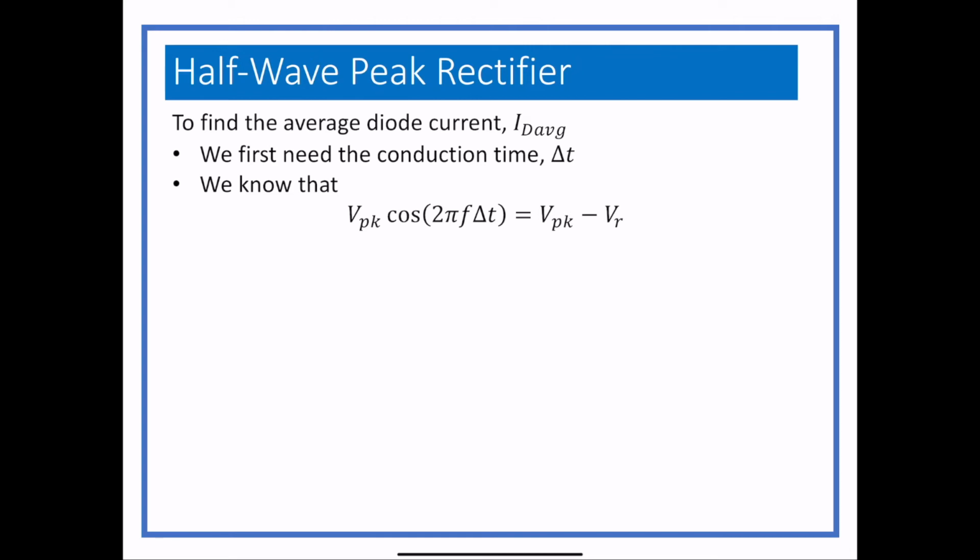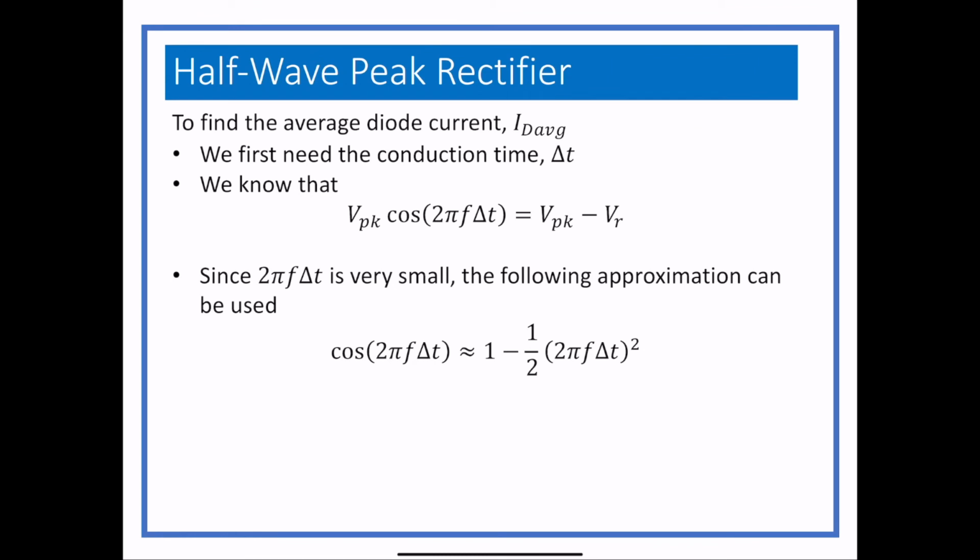That's kind of just where the two waveforms meet. Now we know that 2 pi f delta t is a really small value, so we can use an approximation. We can take 1 minus 1/2 (2 pi f delta t) squared, and that will approximately give us the value of that cosine function.